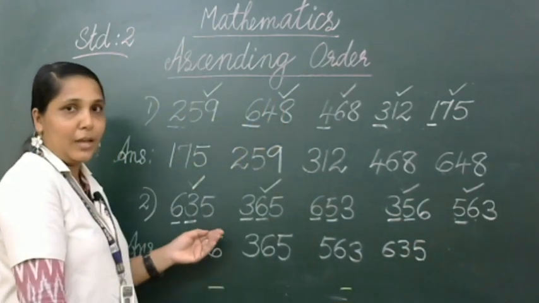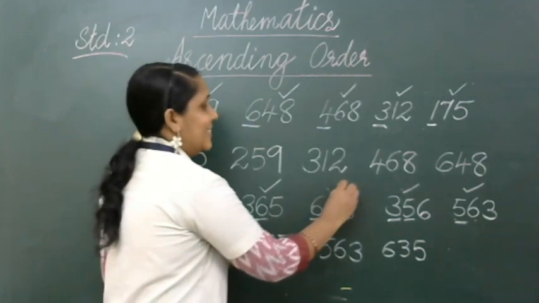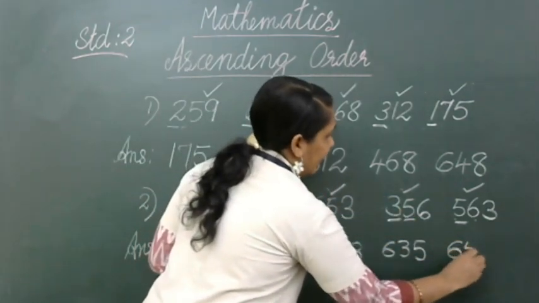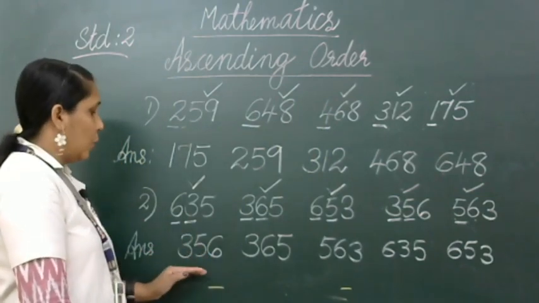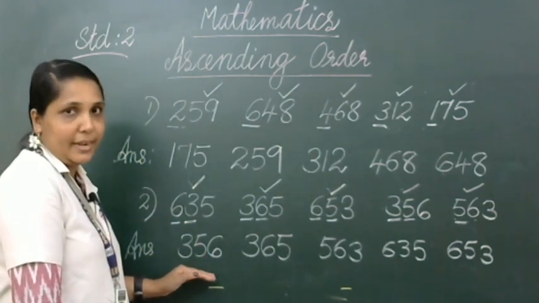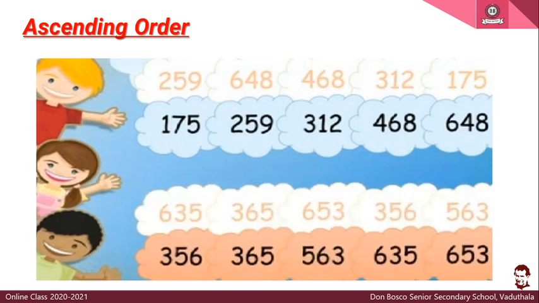Then what will be the last number or the biggest number? Yes, it is 653. So smallest number is 356 and biggest number is 653. So we arranged the numbers from smallest to the biggest.